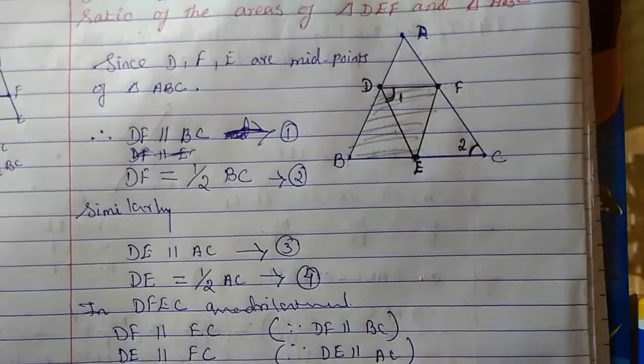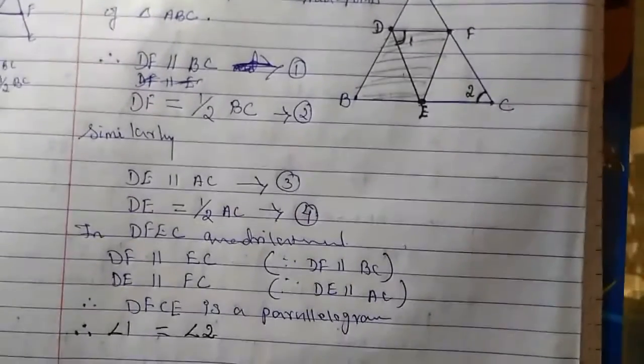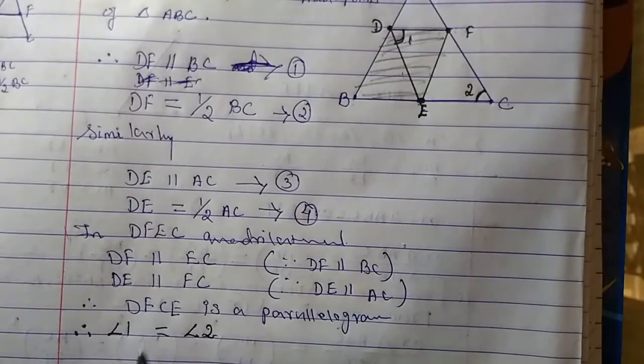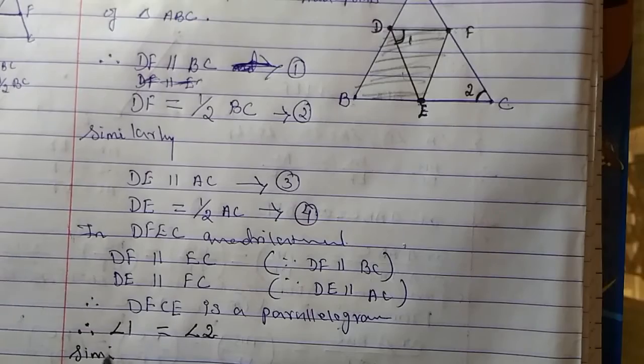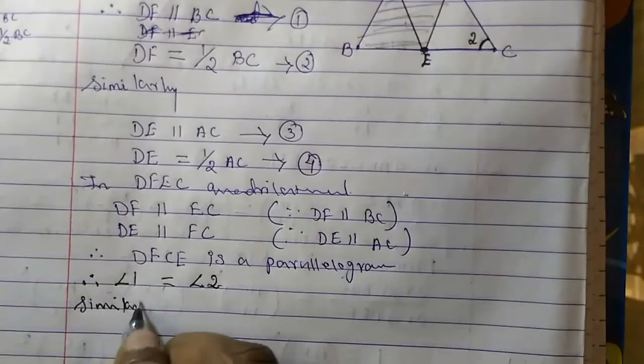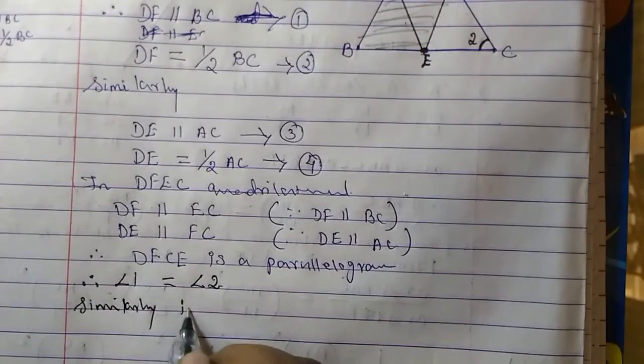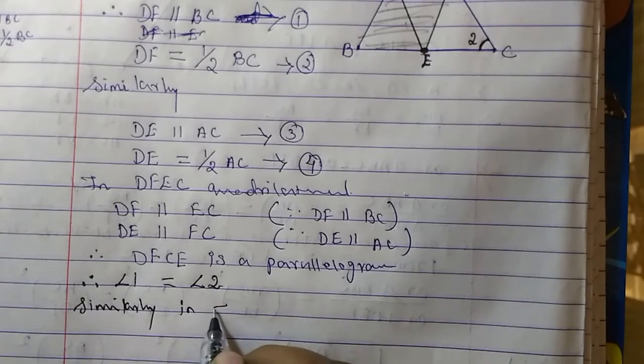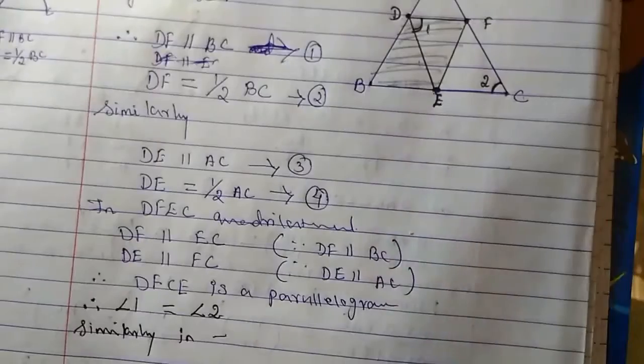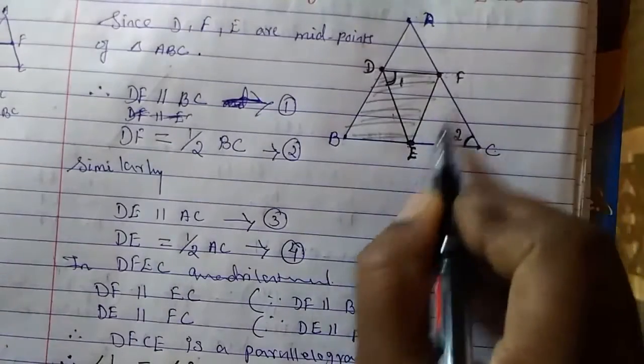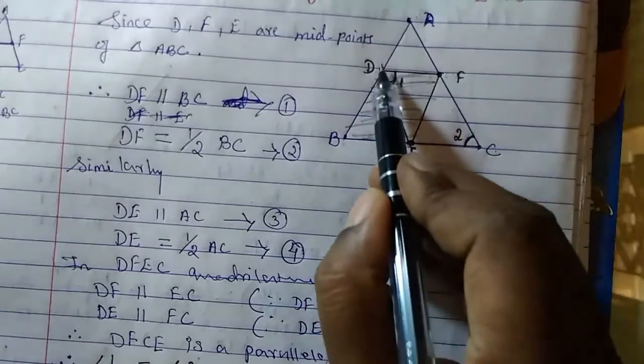Okay, so you can write down, if that is the case, similarly, in parallelogram, what is its name here? DFEB, whichever way you want to give, or DBEF also you can give, no problem.